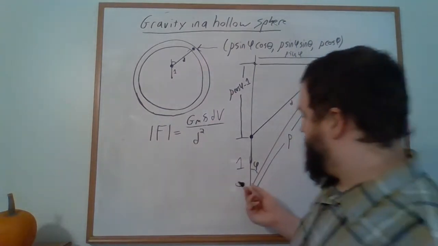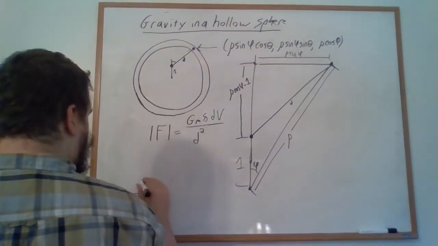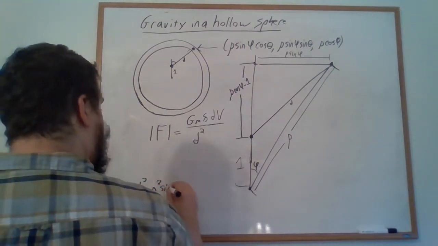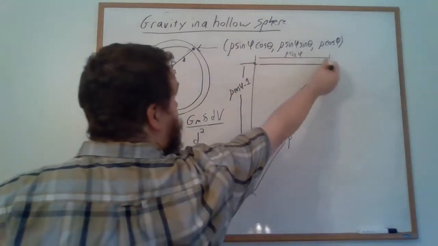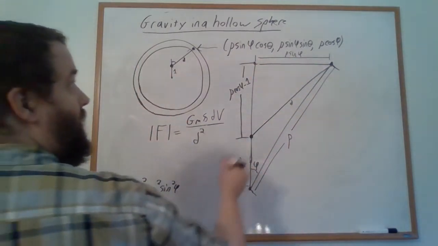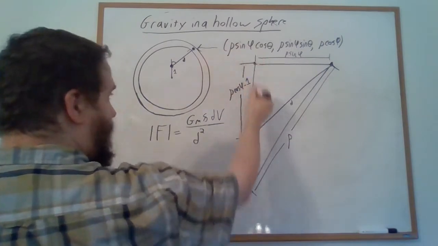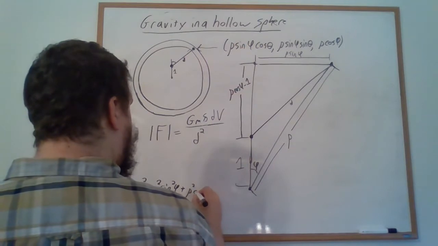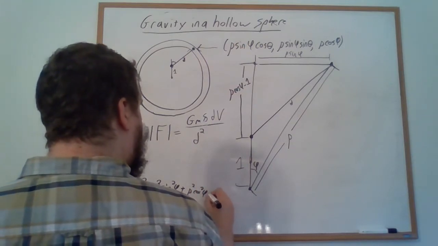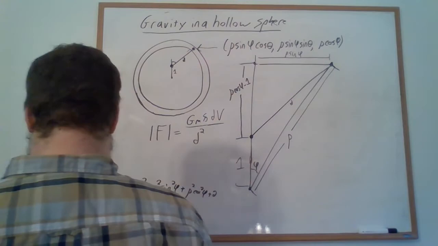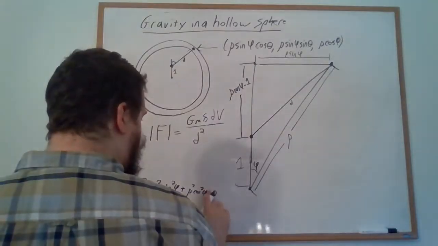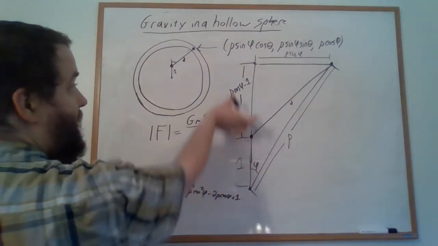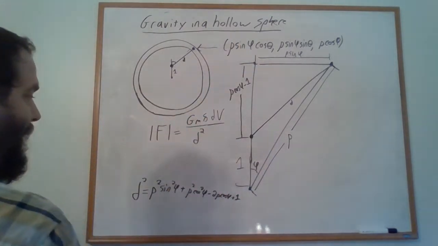This distance d squared is going to be equal to this leg of the triangle squared plus this leg of the triangle squared, which is going to be rho squared cosine squared phi plus, whoops, there's a minus sign there, it's a minus 2. This bit here is this leg squared.